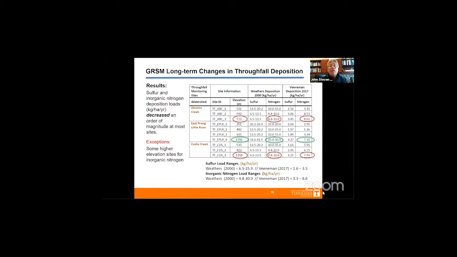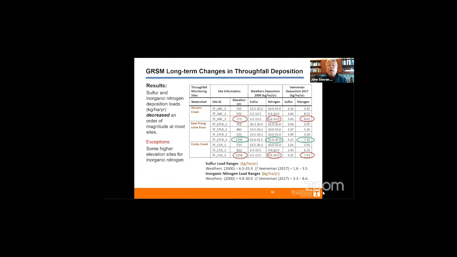And then in the table for these different watersheds, I did point out for nitrogen, and then the elevations in meters, where there were some cases where the inorganic nitrogen was similar or within the range of what Weathers had reported.